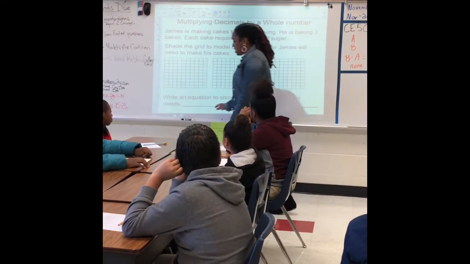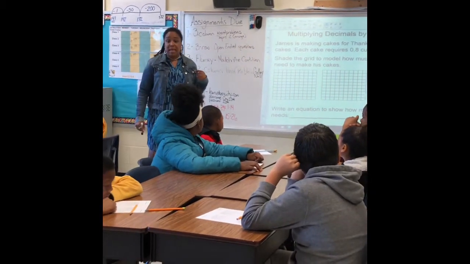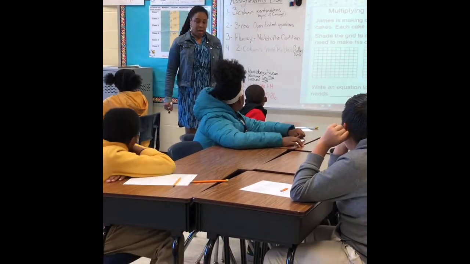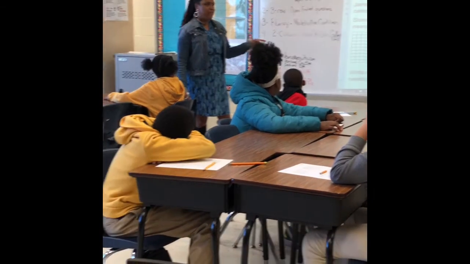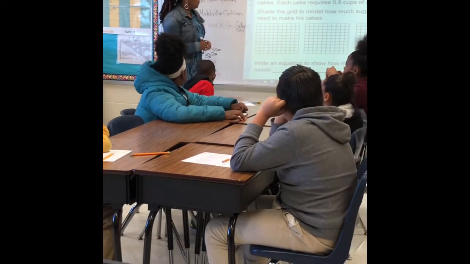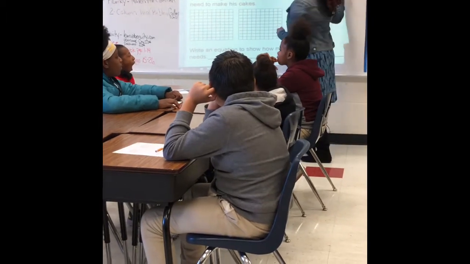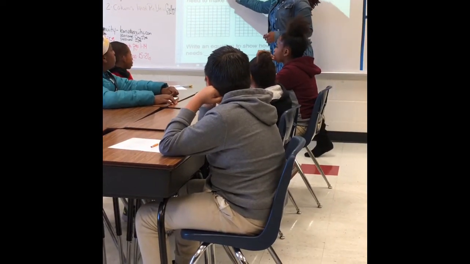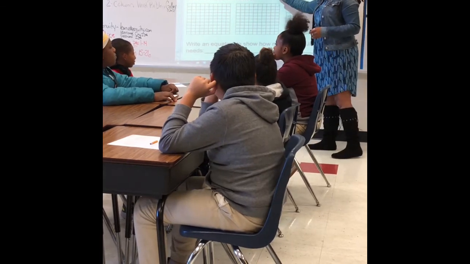Okay, so first of all, I have to figure out how to get all of the sugar, right? So I know he's making 3 cakes, and it says each cake is 8/10 cups of sugar.